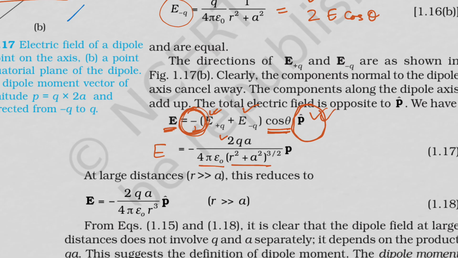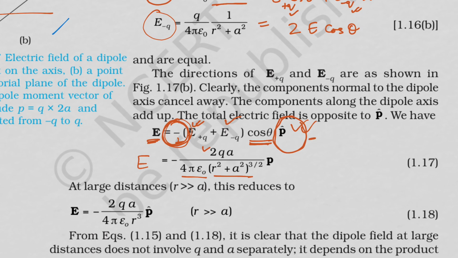And you will sum it up when you find our E plus Q. It is actually 1 upon 4 pi epsilon naught, Q upon r square plus a square, whole square. And this way, if you do it, you will find that we come up here, and again r is way bigger than a.